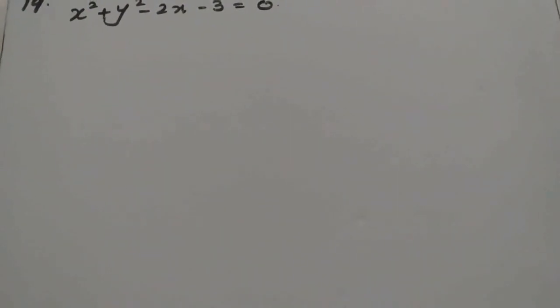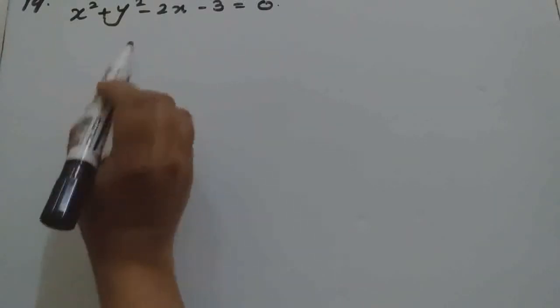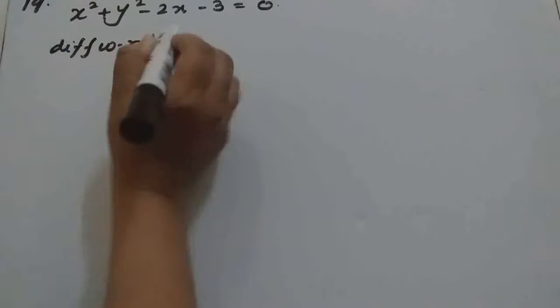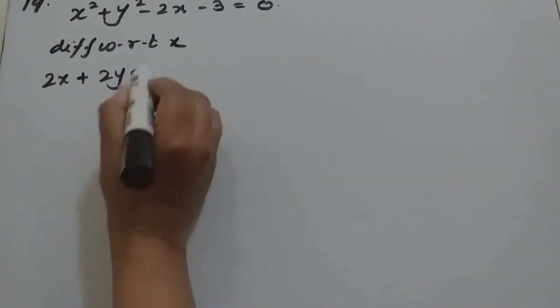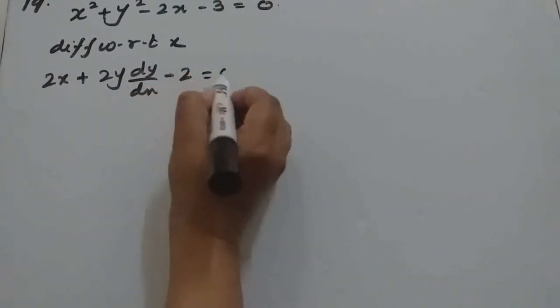Question number 19, find the point on the curve. The curve is given to us, at which the tangents are parallel to the x-axis. Tangents parallel to the x-axis means the slope of the tangent is 0 here. So this is an implicit type function, isn't it? So directly we can differentiate. So 2x, then y square is 2y dy by dx, minus 2, derivative of minus 3 is 0.